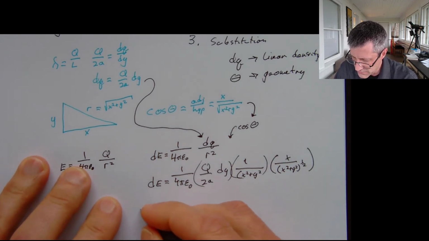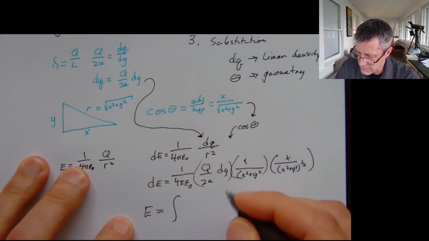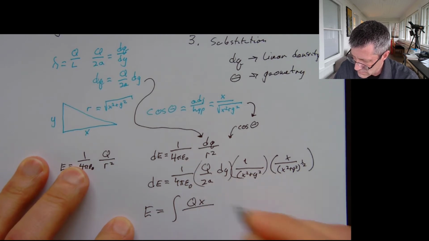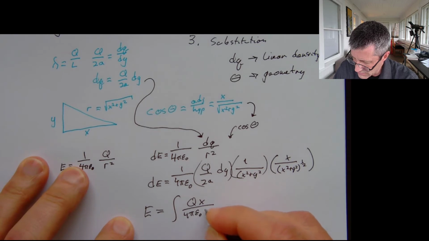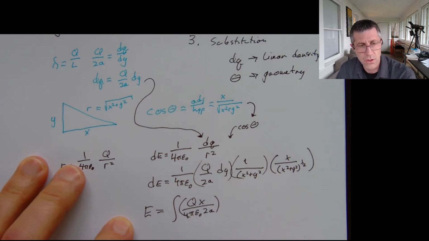To get to my total electric field, I now just need to add up all of these things. I'm going to have q and x over 4 pi epsilon naught times 2a, and those are all constants.